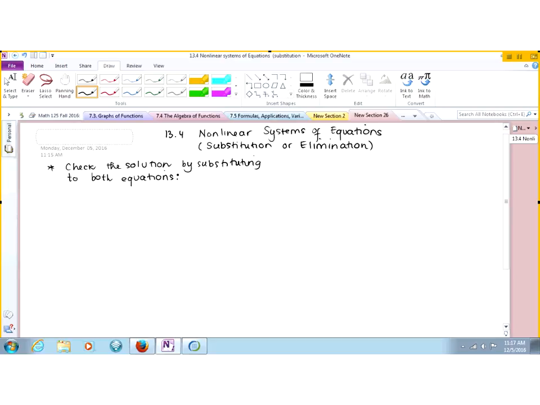So a nonlinear system of equations looks like this. For example, solve and write the solution as an ordered pair.